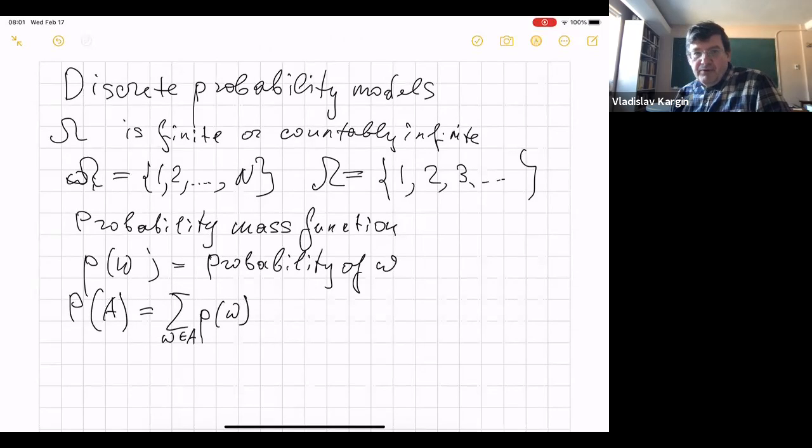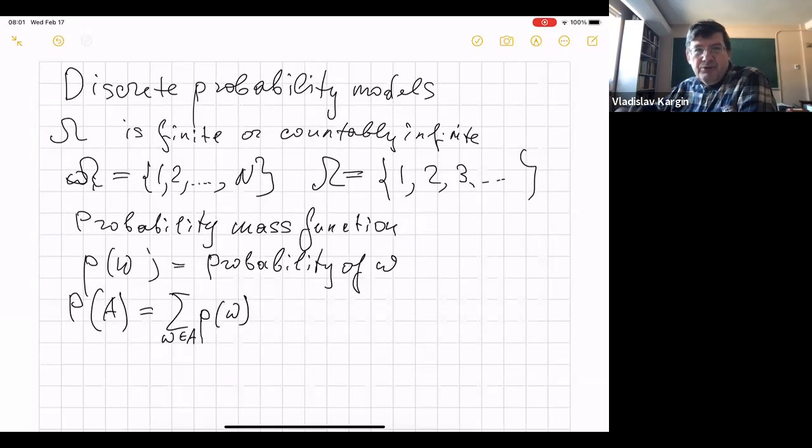If you want to figure out the probability of an event, we just sum the probability of all outcomes in this event, and it's clear that it gives the result. It would not work for uncountable probability spaces, because the sum would not be defined.